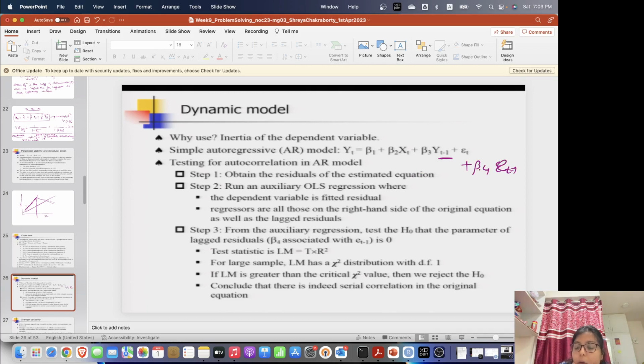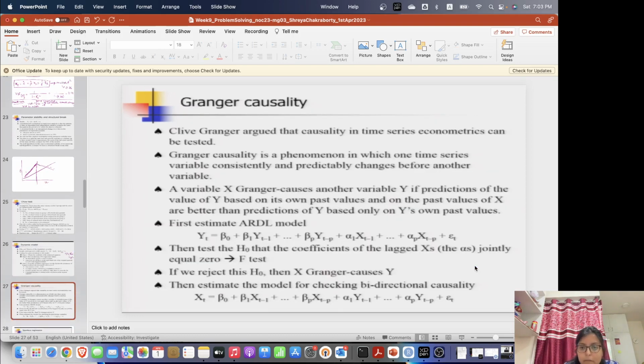From that equation we calculate the r squared value, multiply it with t, and check in large samples against chi-square 1. If the value exceeds chi-square 1, then we reject H naught.